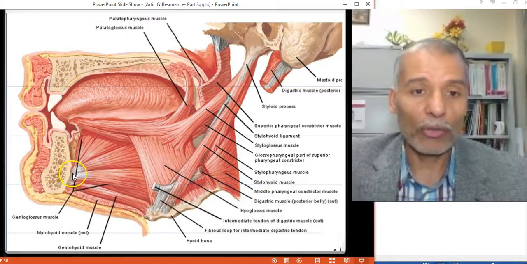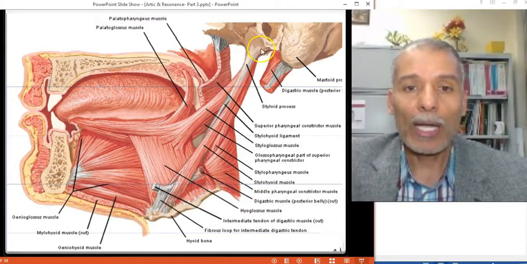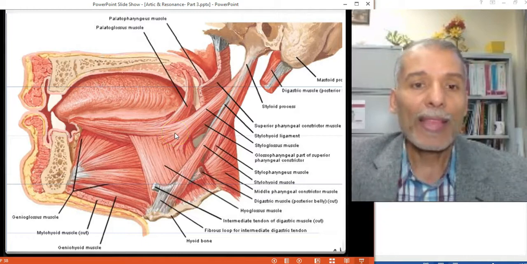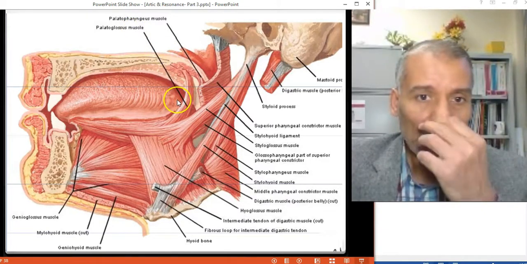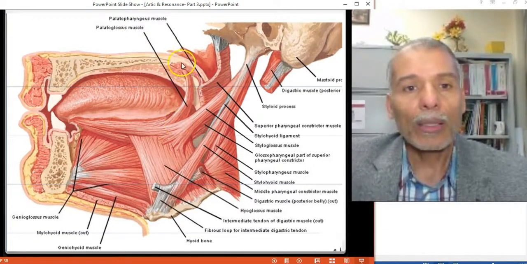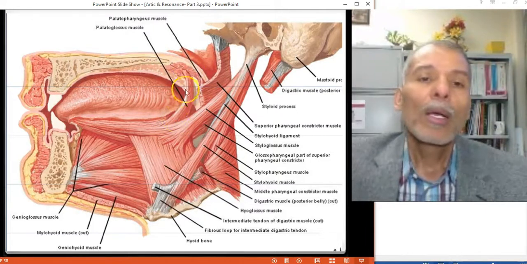We discussed the genioglossus, hyoglossus, styloglossus, and then the palatoglossus is the 4th muscle.